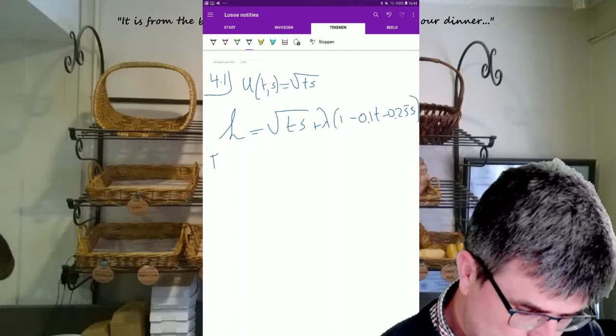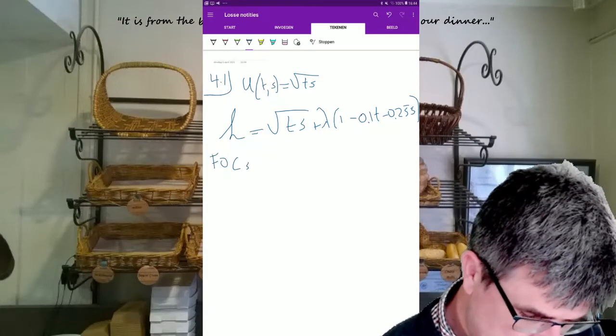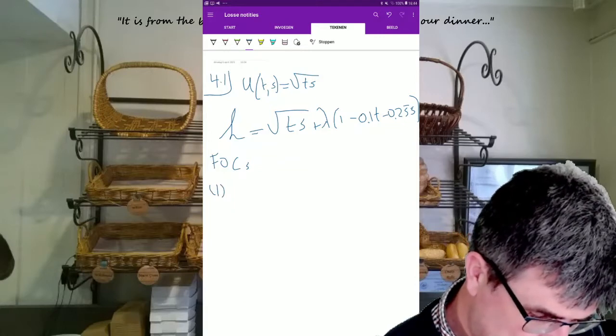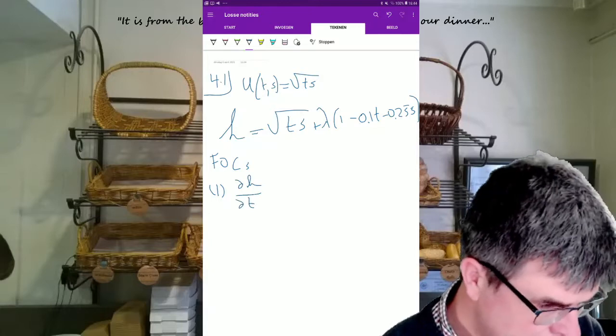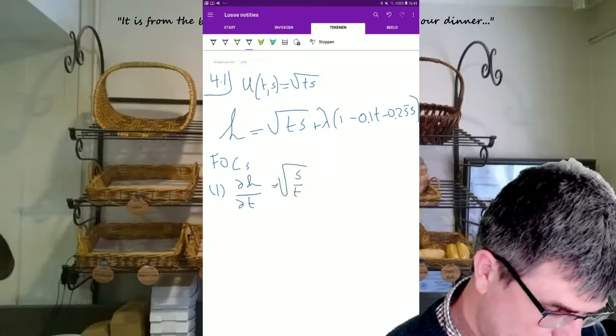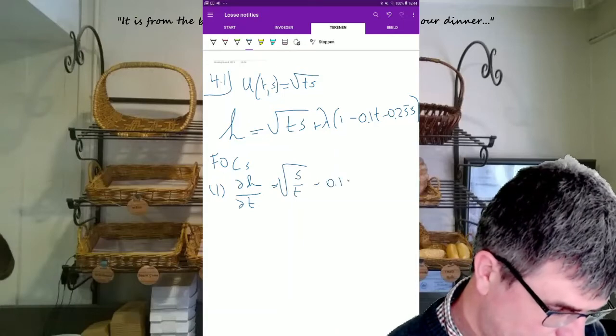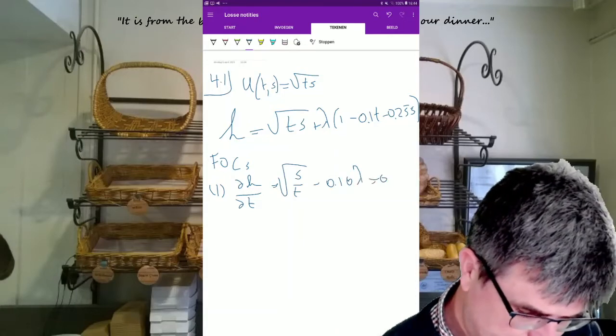So the first order conditions of this Lagrangian are given by taking the partial derivative of the Lagrangian with respect to t, which gives square root s over t minus 0.1 lambda is equal to 0.